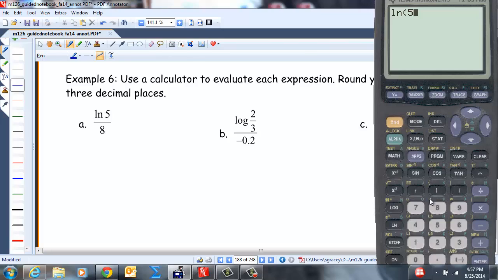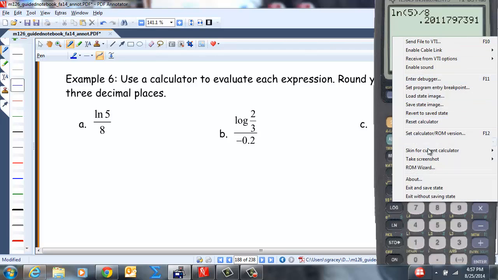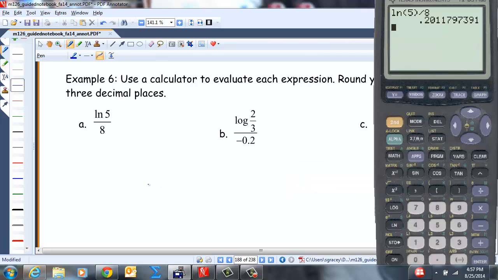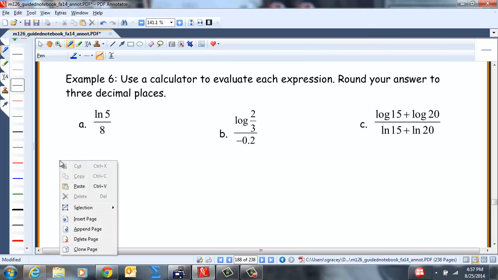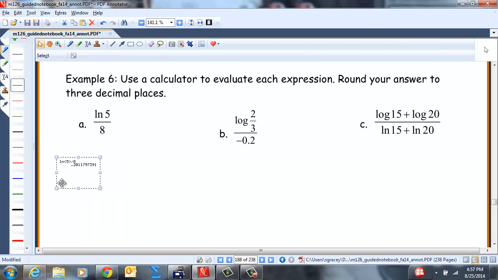Now be careful, you have to end this parenthesis before you divide. Otherwise you'd be dividing by 8 within the log and you'd get a different answer. So this is approximately, it said to 3 decimal places? Okay. So this is approximately 0.201.